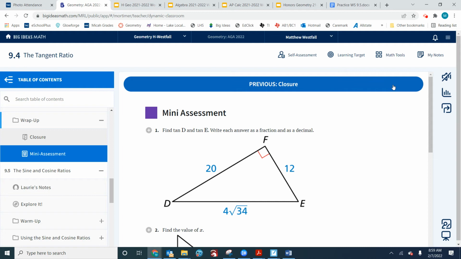Oh, is this it? What'd you get? Why did I open the worksheet? No, we need it.